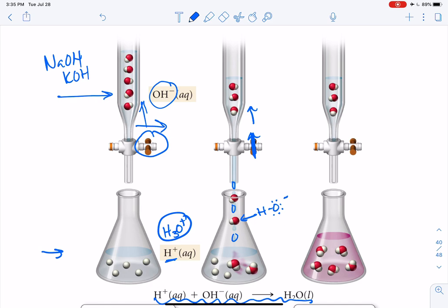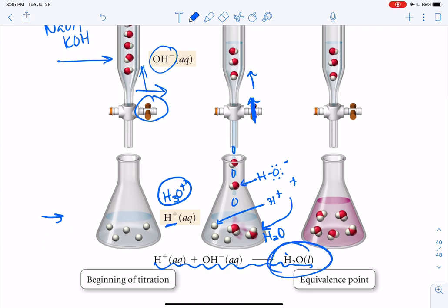And it's coming on down into the solution down there, and the hydroxide ion is going to find this guy right there, which is an H plus, and they're going to get together and they're going to make that molecule right there, which is a what? Which is H2O. So you're getting a neutralization reaction.